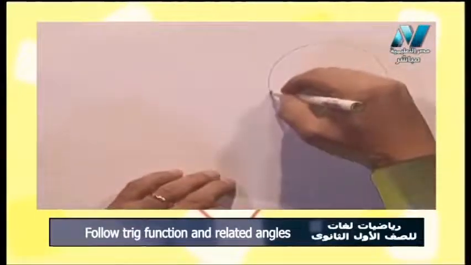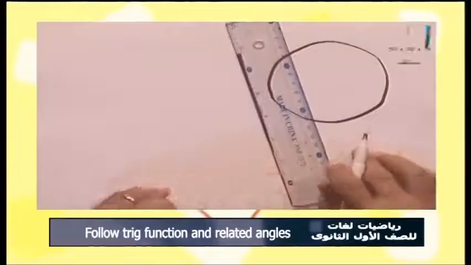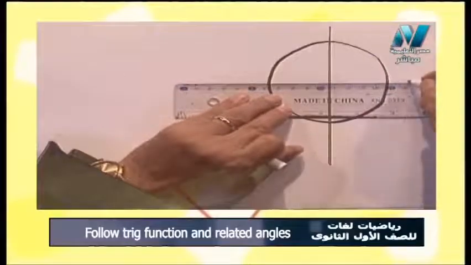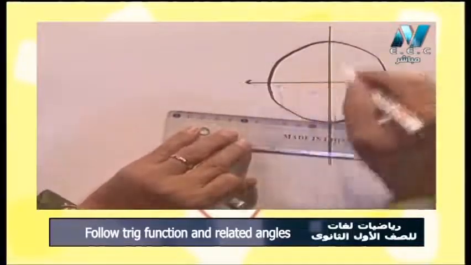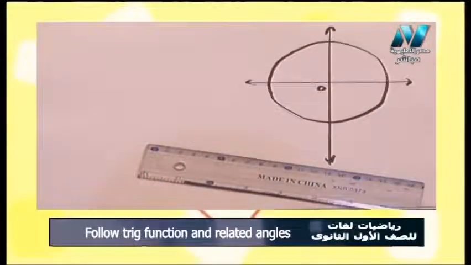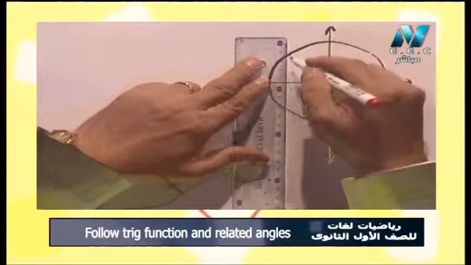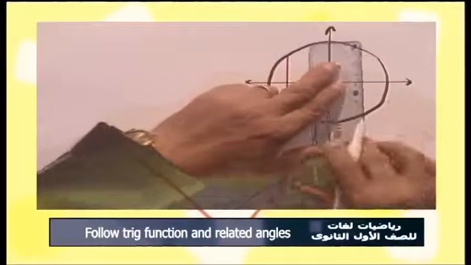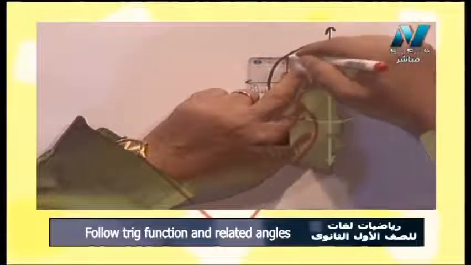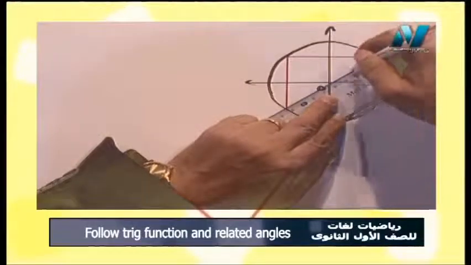And we have a circle, and also we have the x-axis and y-axis, the two coordinates intersect at the point we call the origin. And we will draw that, which will express the 30 angle. I try to draw it correctly for you to understand well.